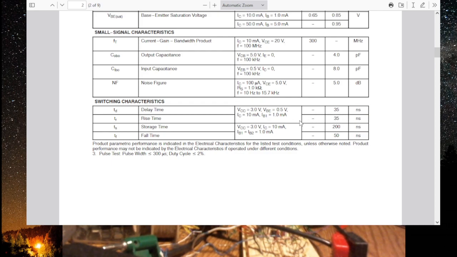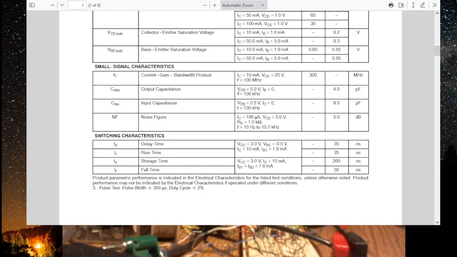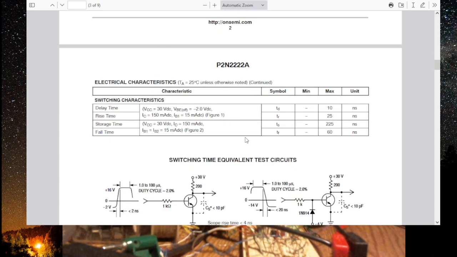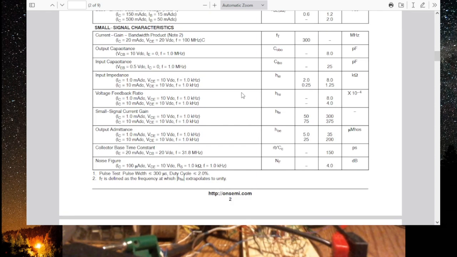Rise time? I mean, I can do pulse width test circuits. My other question is about the resistance here. This has an input impedance at 1 milliamp and 1 kilohertz of between 2 and 8 k ohm.